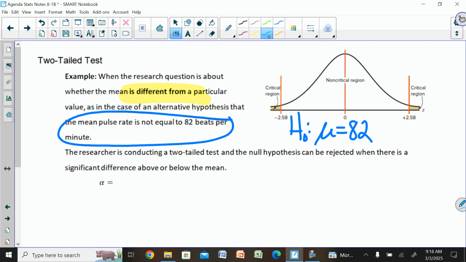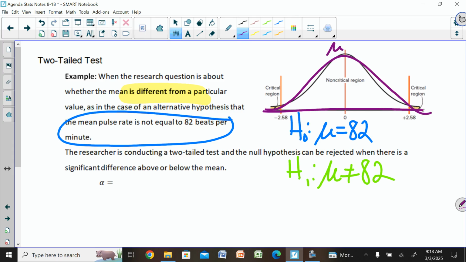They're not telling us what direction we're talking about, so our H sub 1 is just not equal to, which means if we've got ourselves our normal distribution with mu equals 82, we're not sure if it's less or greater, so we're going to go ahead and split that alpha into both ends and share it on both sides.